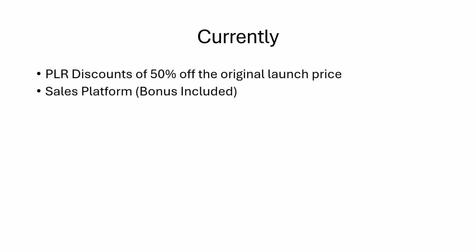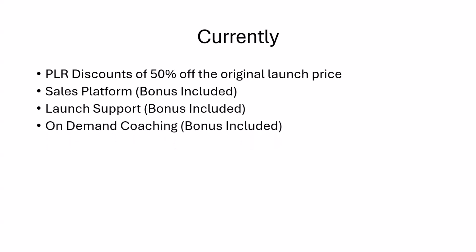You also get access to a sales platform to sell your stuff. That's a bonus. You also get launch support, like the launch support I'm doing for Dana. If I know you and I know your product, I'd be doing the same thing for you. You will get launch support by being an Ultimate Insider, and you also get on-demand coaching. That's another bonus.